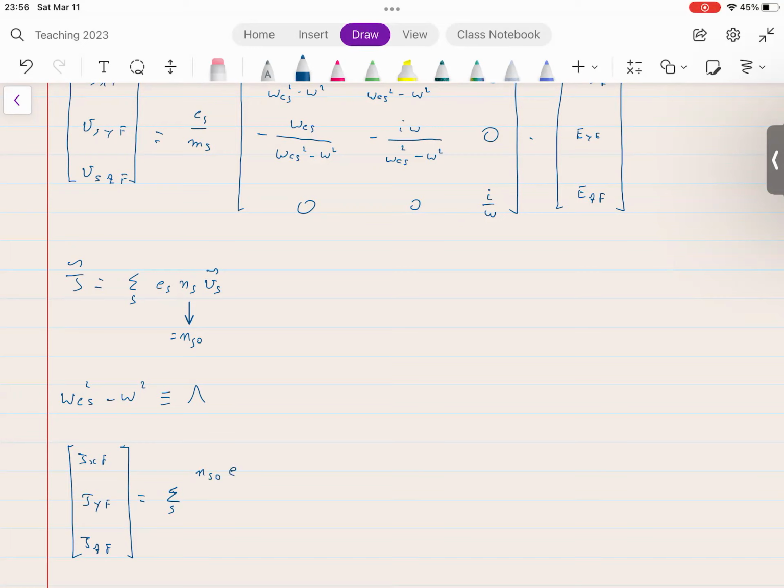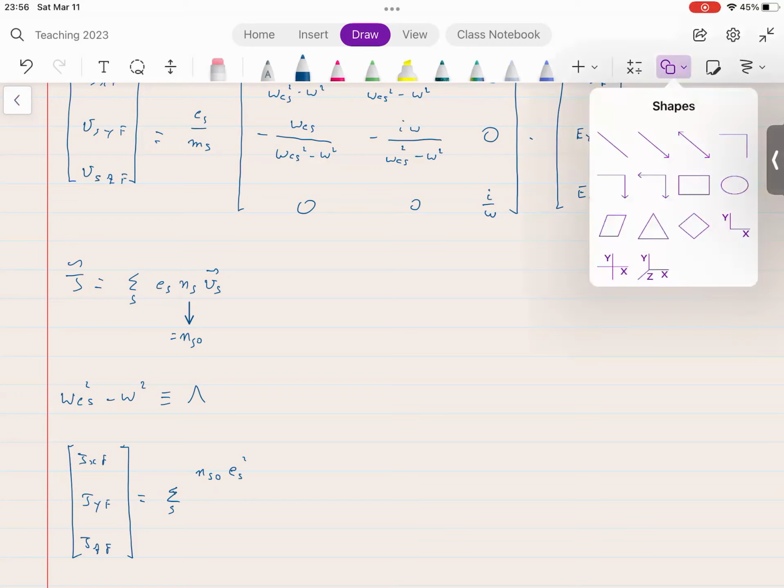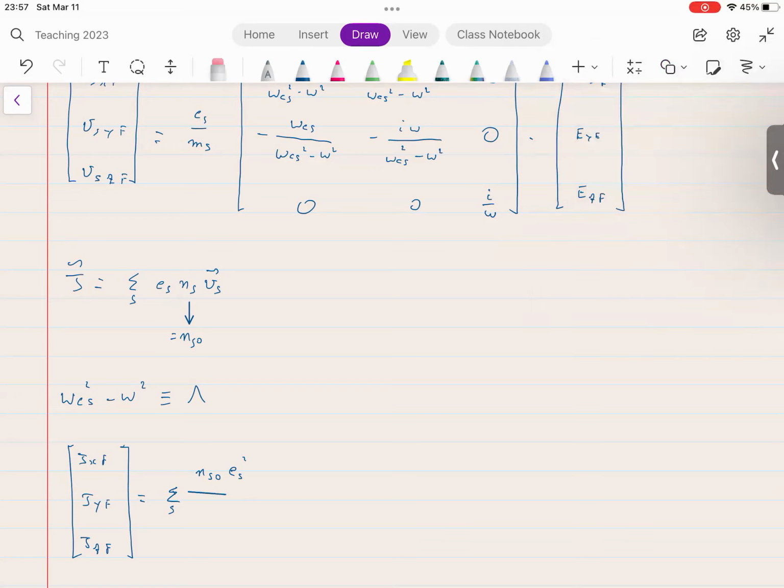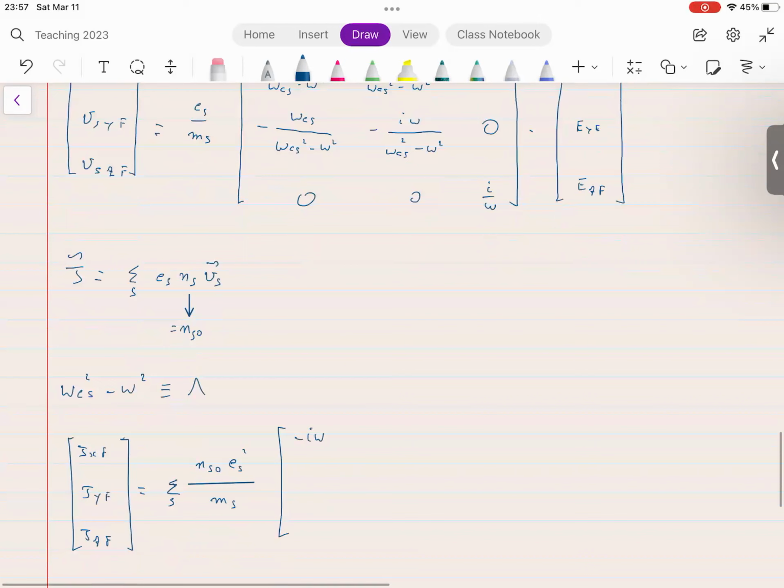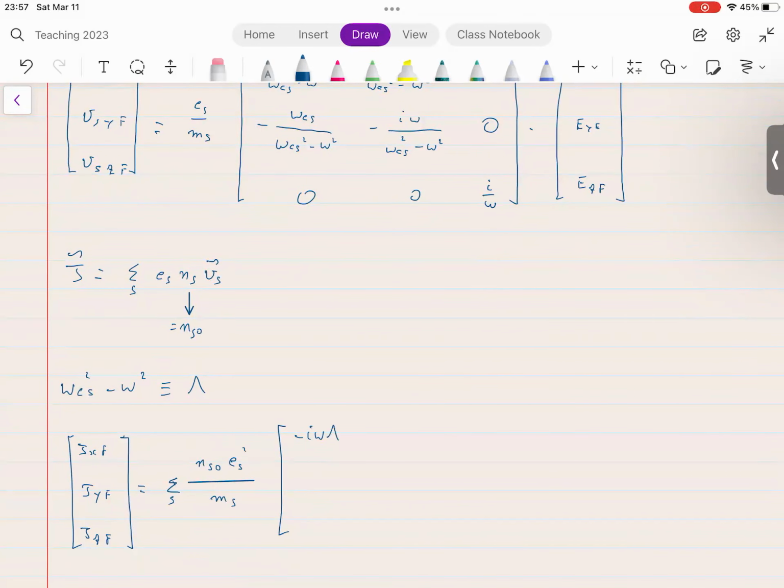Minus 0, E sub s square. In the denominator, I'm going to have just the mass from up there. And this all multiplies the matrix minus i omega divided by omega cyclotron s and so on. This is what I call lambda. Great.